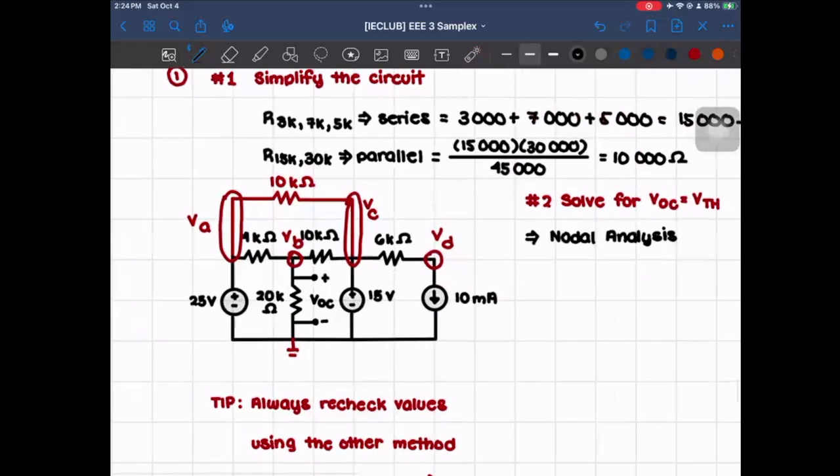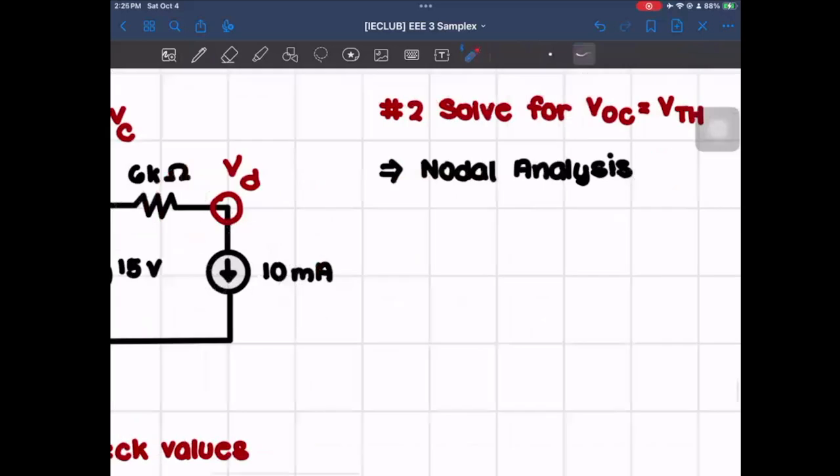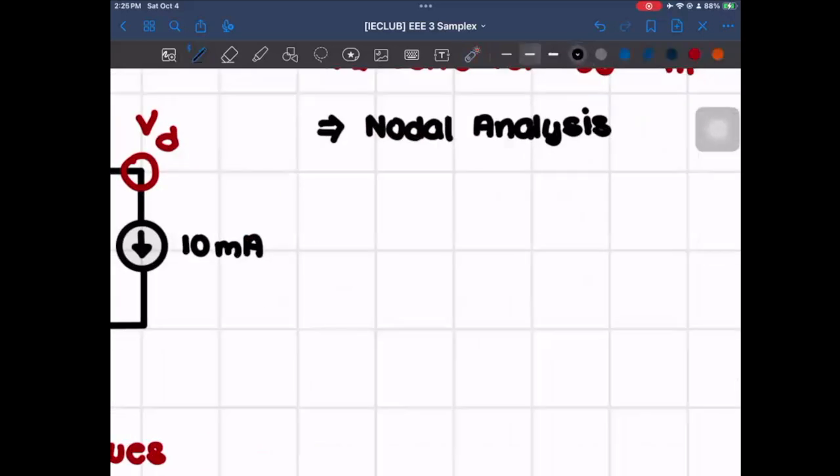So our known values will actually be VA and VC, since VA is connected to 25 volts, which is connected to the ground, and VC is 15 volts, which is connected to the ground. So we'll just take note of it here. So VA is equal to 25 volts and VC is equal to 15 volts.